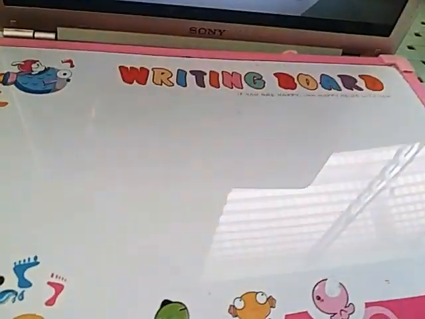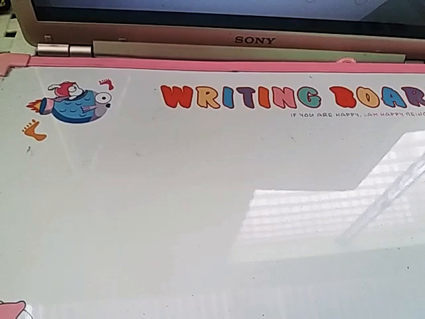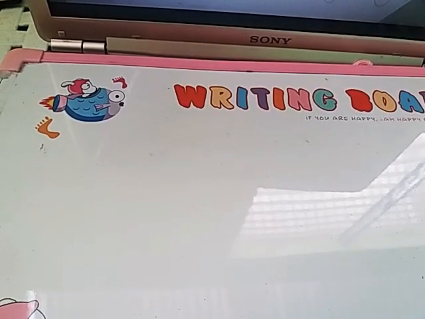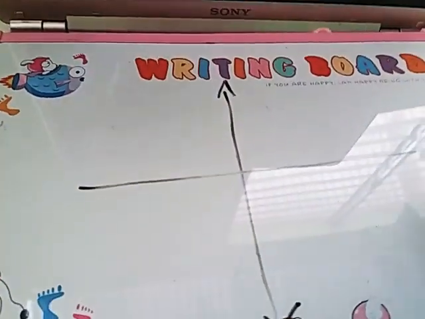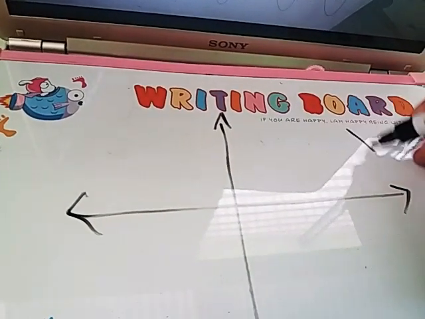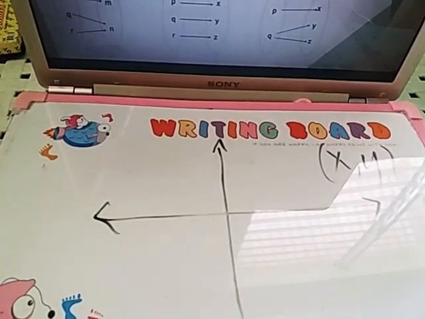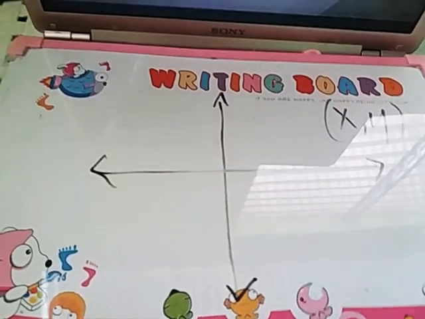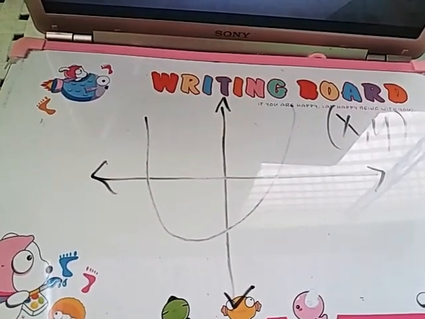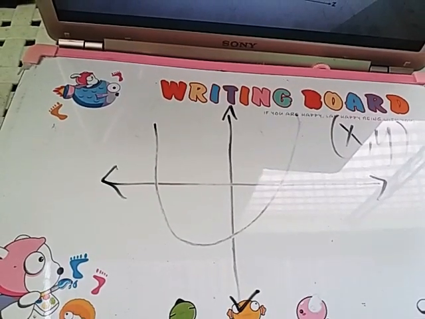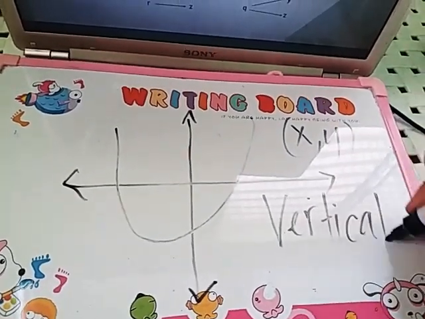For example, another way for you to determine if a relation is a function. For example, if your data are plotted into our Cartesian plane or your x and y coordinate plane. So, graphing naman to. If the graph is like this, if the graph is like that, and you are going to use your vertical line test.